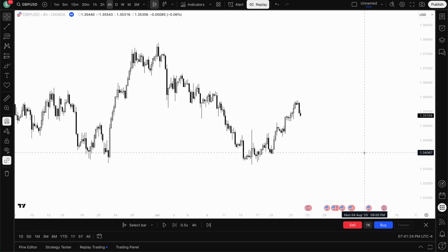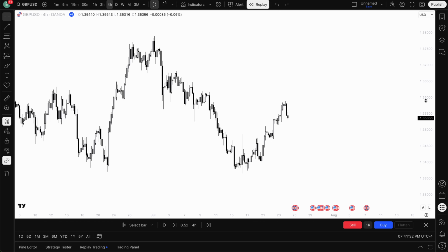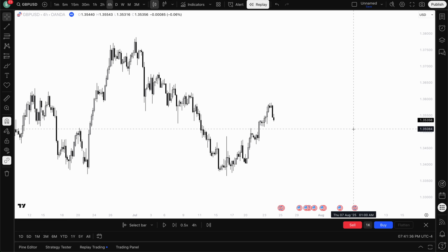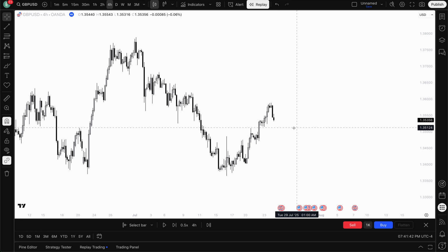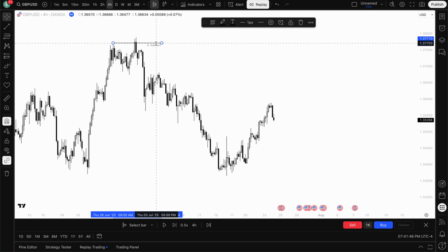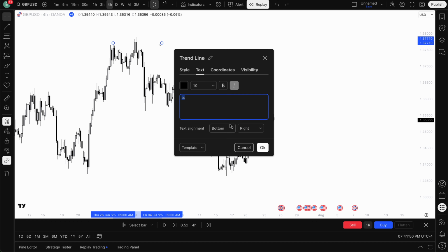Let's think in terms of just ICT concepts that 99% of retail traders are trading right now. If you're looking at this from an ICT perspective, let's not even think of it as a 4-hour chart. Let's say that this is a 1 minute chart. We see we have a liquidity sweep, and these are terms that ICT traders use.